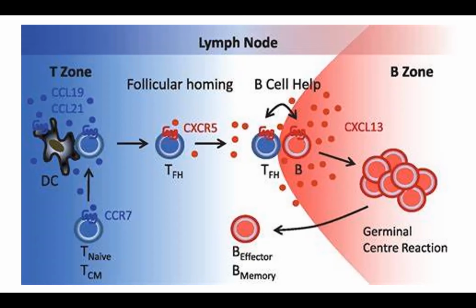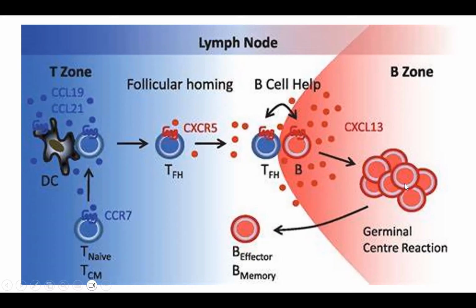It's communicating with a B cell, and by doing so, it'll go through a whole chemical process through the CXCL13, and eventually in the germinal center of the lymph node in this cortex, right?